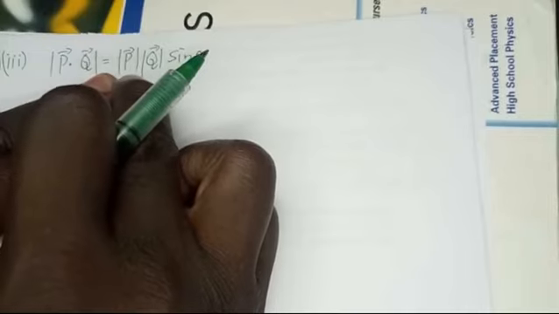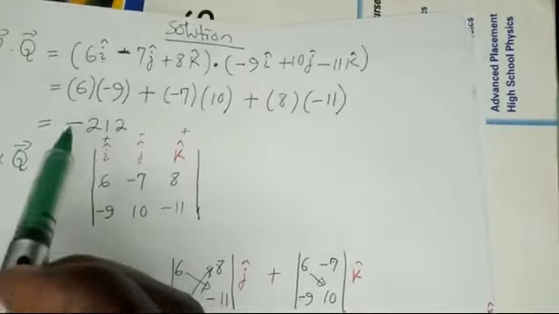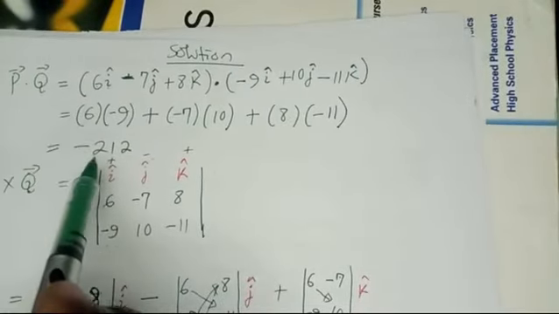So if you want to get theta, you use magnitude: the magnitude of the dot product is equal to the magnitude of P, magnitude of Q, sine theta. We already calculated the dot product, and for P and Q we got negative 212.